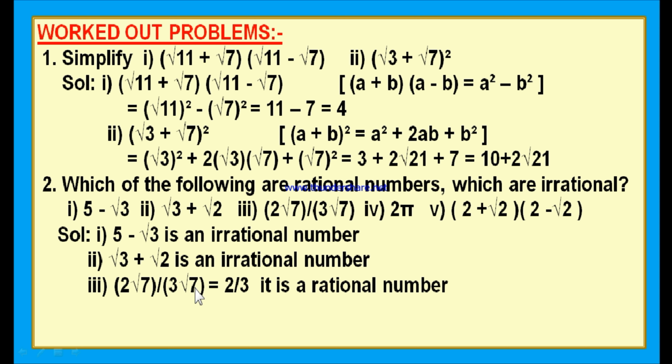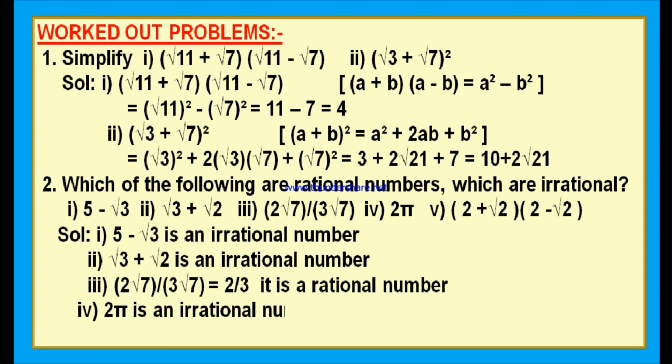This root 7 and this root 7 will be cancelled, and you may get finally 2 by 3. 2 by 3 is in the form of p by q. Therefore, it is a rational number. Understood? This is a rational number. You observe an irrational number divided by an irrational number. Here in this case, we got a rational number. And sometimes it may be irrational also.